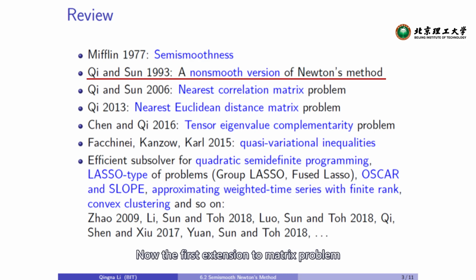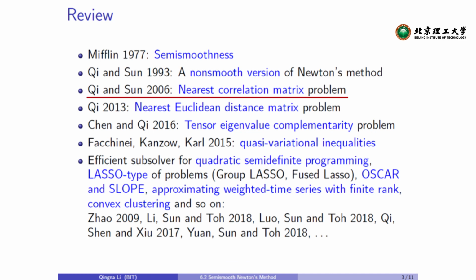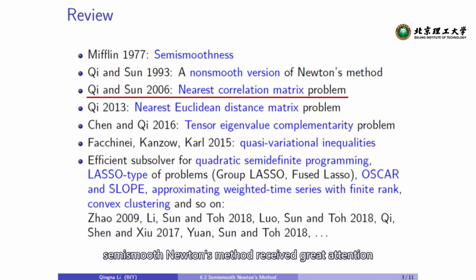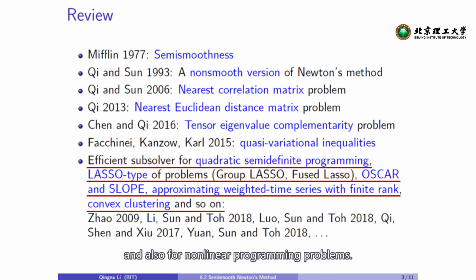And the first extension to matrix problems was proposed by Qi and Sun in 2006 for the nearest correlation matrix. After that, semi-smooth Newton's method received great attention from the optimization community, and until now it acts as an efficient subsolver for quadratic semi-definite programming problems and also for nonlinear programming problems.